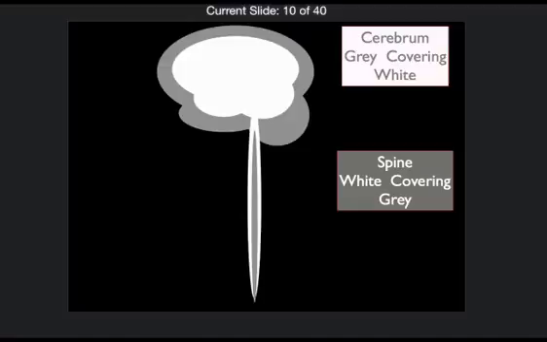Well, probably the simple answer, without getting into details, is that the projections of the long tracts, ascending or descending, are migratory. And the first cells to develop are really more nuclear in the spinal cord.